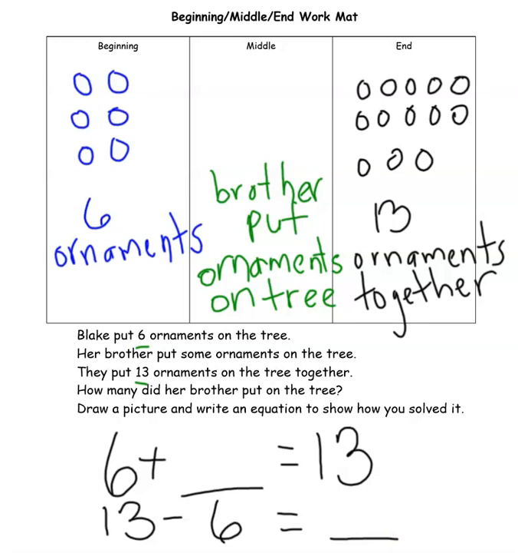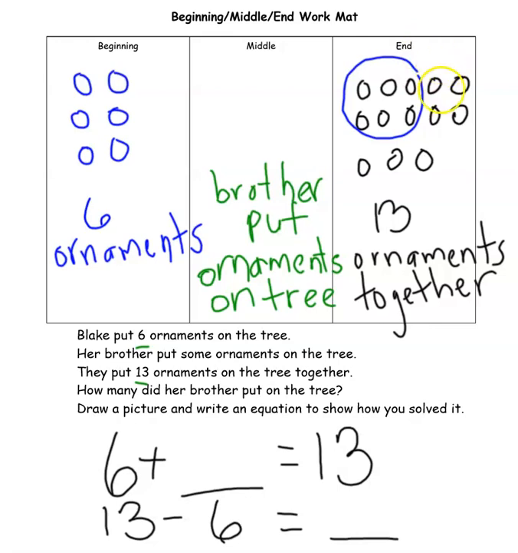So let's look at this. If we have 13 and six of them are the ones that Blake put on the tree, how many did the brother put on?